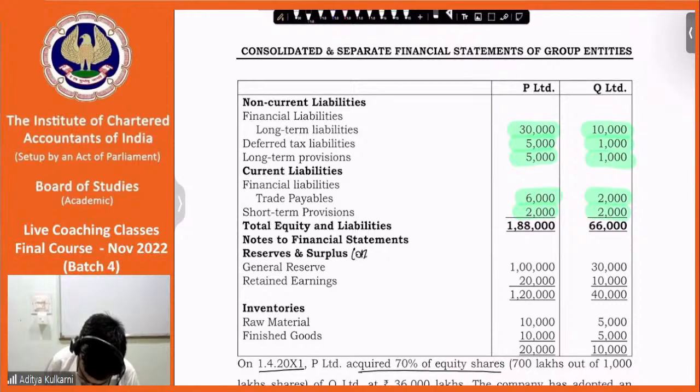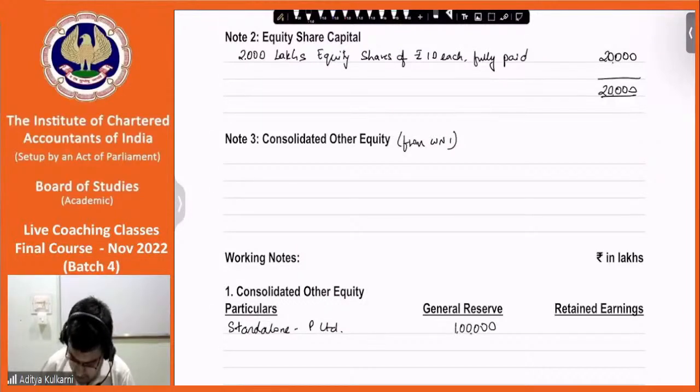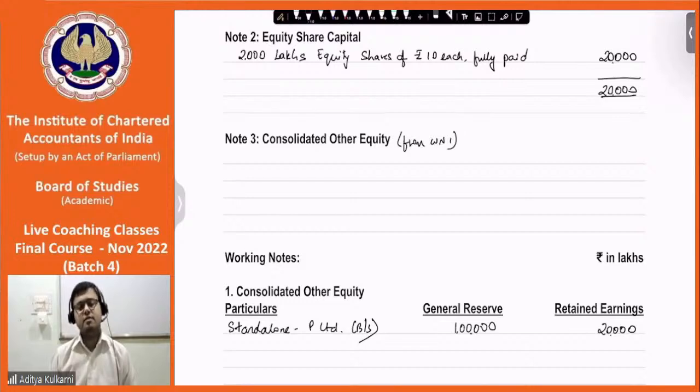Here, in the parent's column, general reserve 1 lakh and retained earnings 20,000. So we will write this as it is. This is directly from the balance sheet.